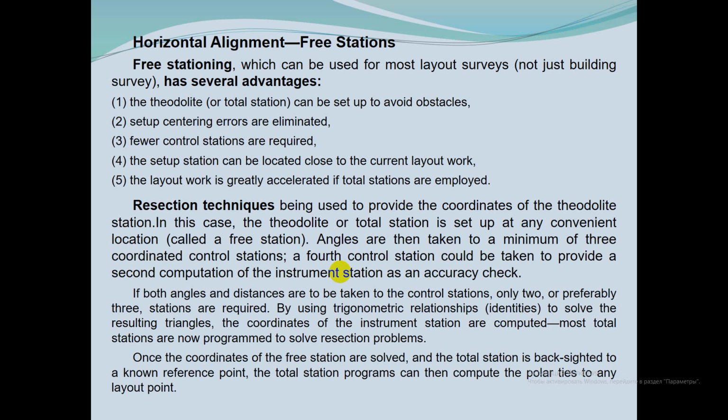Setup centering errors are eliminated. No further control stations are required, and the setup station can be located close to the current layout work. The layout work is greatly accelerated if total stations are employed.